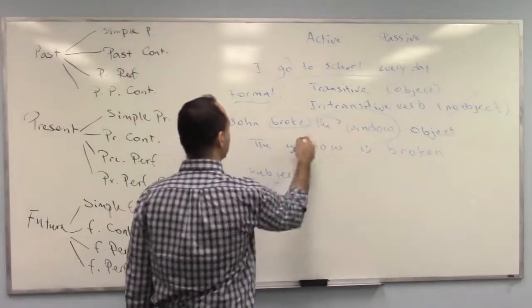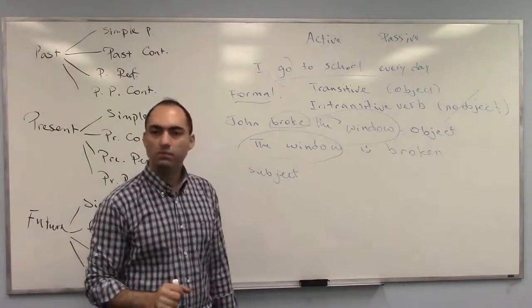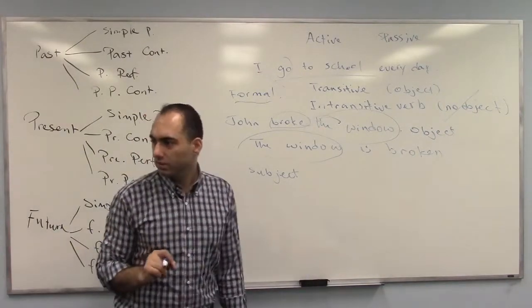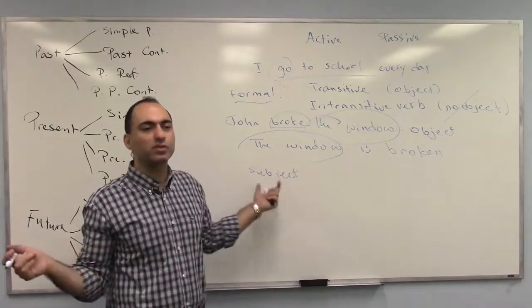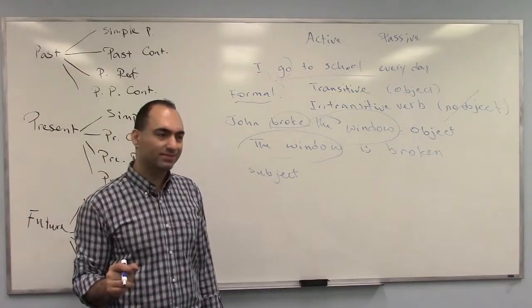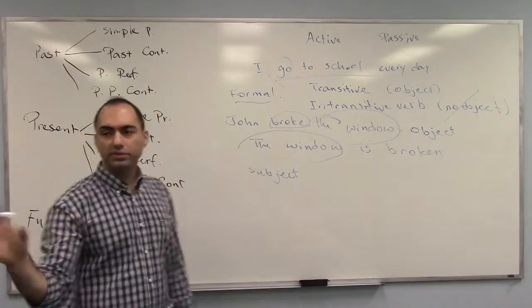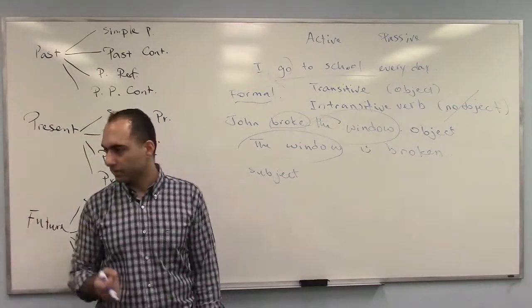And I use it as the subject of my passive sentence. If there is no object, I have no subject for my sentence. And if there is no subject in a sentence, that is not a sentence.